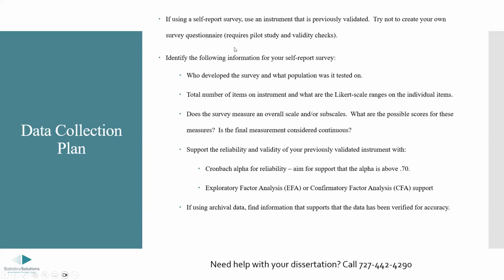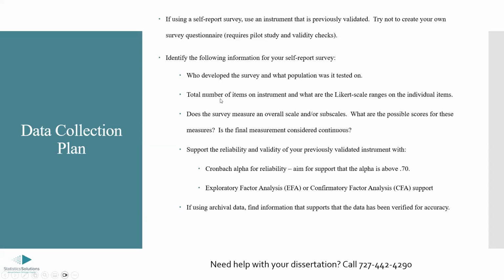And then within the self-report survey, there's usually an instrumentation section in the methodology where you have to describe the survey. So these are some bullet points to keep in mind. Who developed the survey, provide a reference and a year. What population was the survey originally tested on? Does it align with your population?